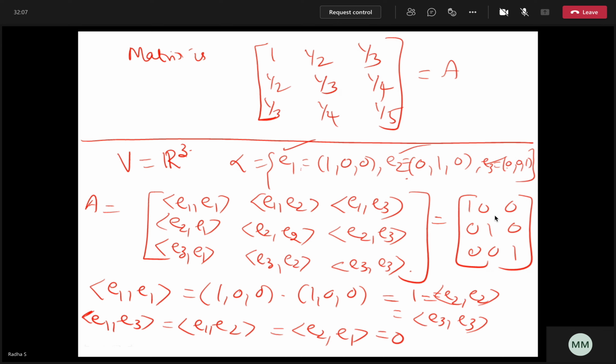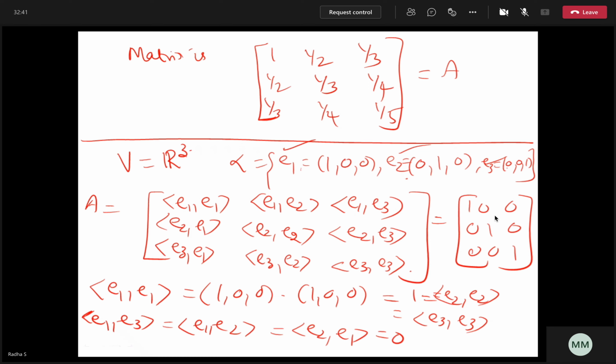Simple dot product, right? You know very well the vectors E1, E2, E3 are orthogonal to each other. They are actually the direction cosines of the X-axis, Y-axis and Z-axis. If the direction cosines are represented as vectors and you find the dot product, the three vectors are mutually orthogonal to each other, so the dot product will be 0.